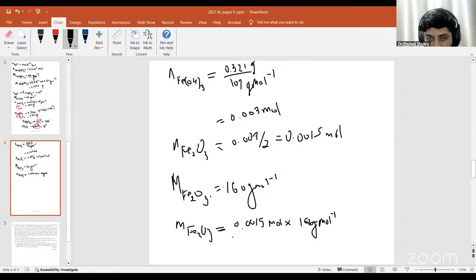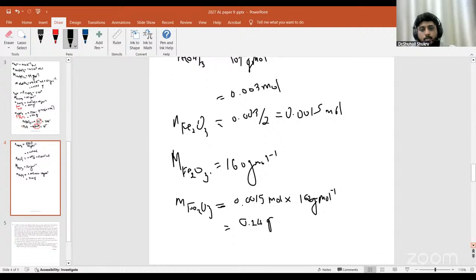Then you get the value. Finally, to simplify this, 0.24 grams. This is the mass of Fe2O3.